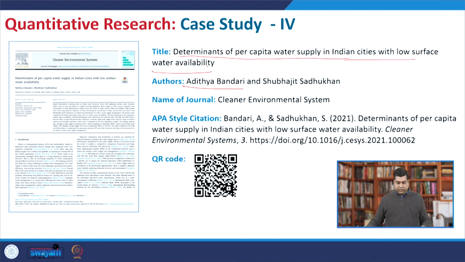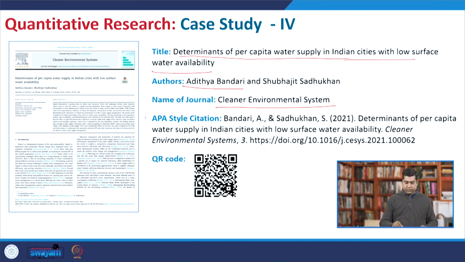This paper was published in Cleaner Environmental Systems in 2021, and we have used secondary information from different reports where they give data for the service level benchmark of water supply utilities. You may have questions about what a service level benchmark is, so I'll try to clear it up in the subsequent slides.